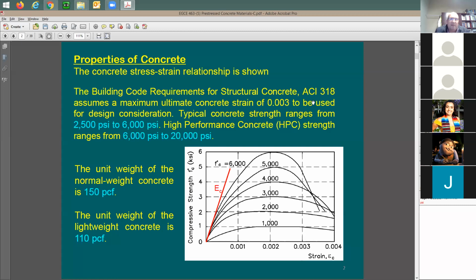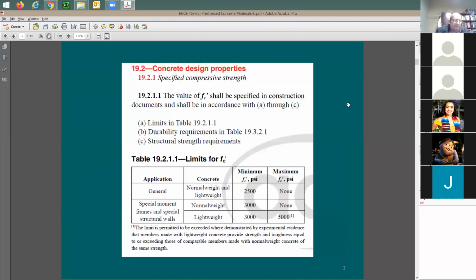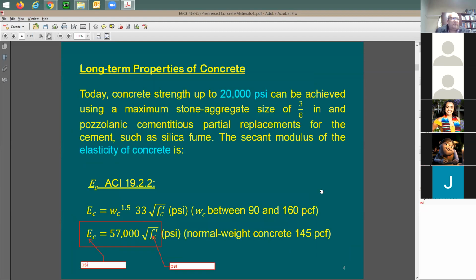So it is covered, but not under the ACI 318, just to make it simple. So under the ACI 318, your max is going to be 5,000 for the size of members. But for any other members, there is no limit. Now they make it open. You have no limits for the concrete strength.